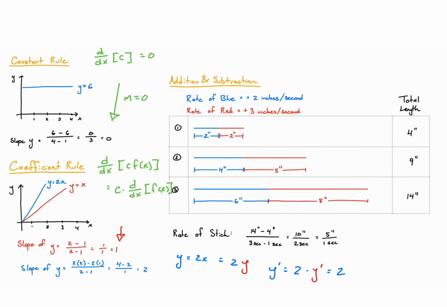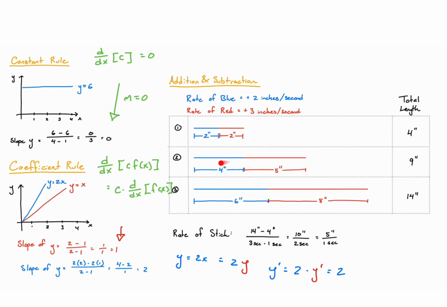And the rate of the red is increasing at 3 inches per second. So if we look at our first time slot here at 1 second, we've got 2 inches of blue and 2 inches of red. And so our total length is 4 inches. And then 1 second later, at 2 seconds, our blue line has increased by 2.